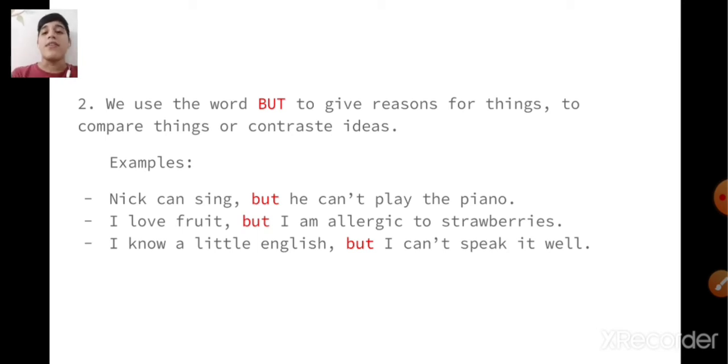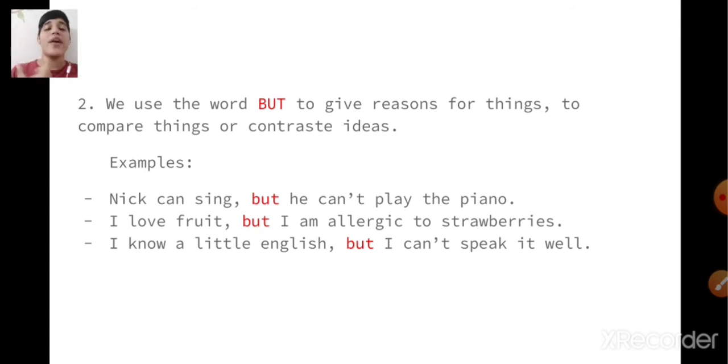Let's go for the second example that says, I love fruit, but I am allergic to strawberries, okay? So right here we are contrasting the first sentence, the first idea, with the second idea, okay? So last example that says, I know a little English, but I can't speak it well.